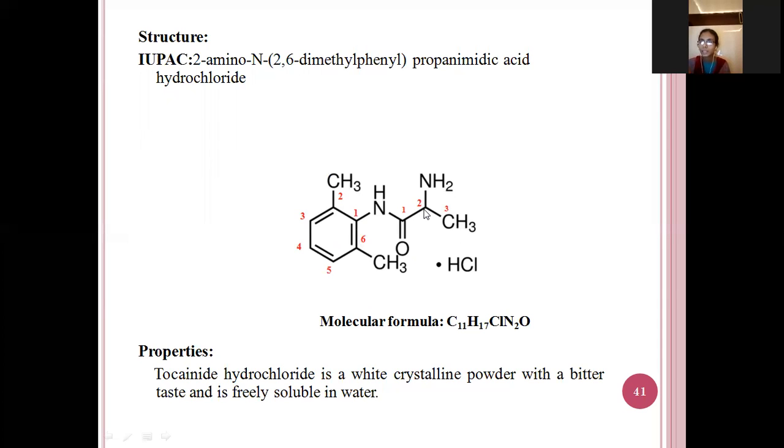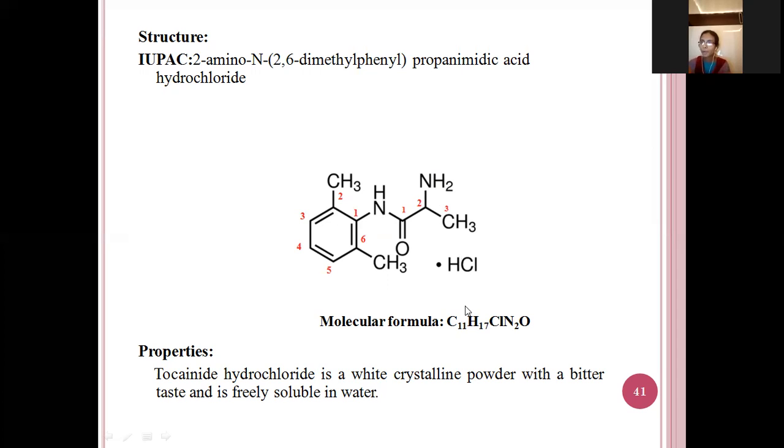In the second position the amine group is there, and it is the hydrochloride. So 2-amino 2,6-dimethyl phenyl propionic acid hydrochloride.